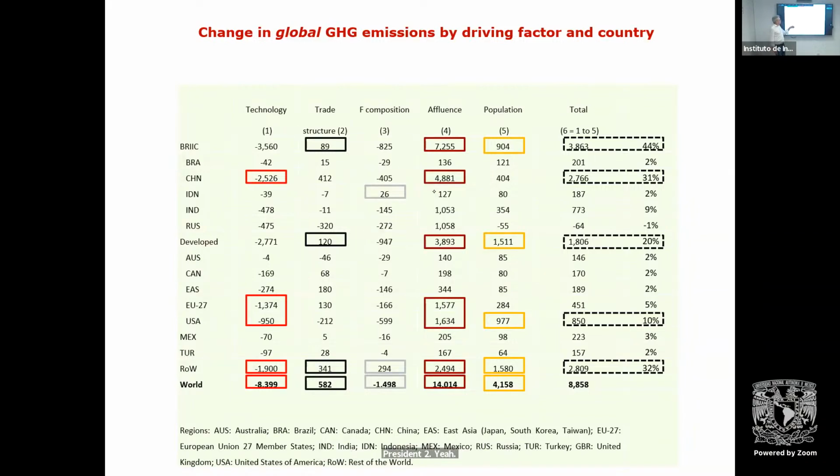So I think in the years 95 to 2008, if you compare this with what the other countries do, Mexico could have done a better job in improving their emission intensities. The rest of the numbers are normal.